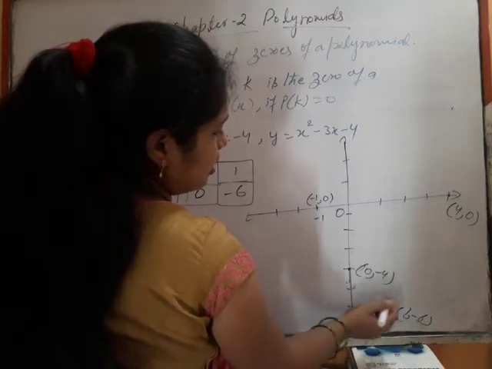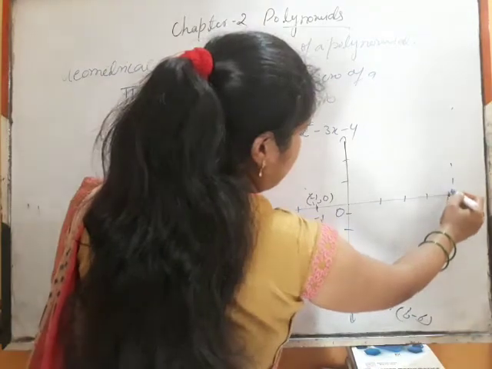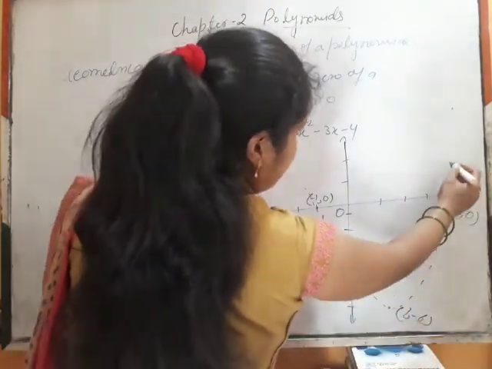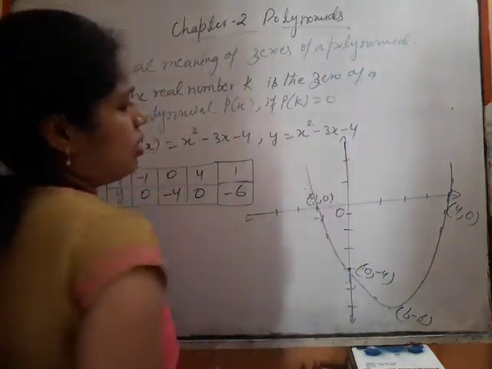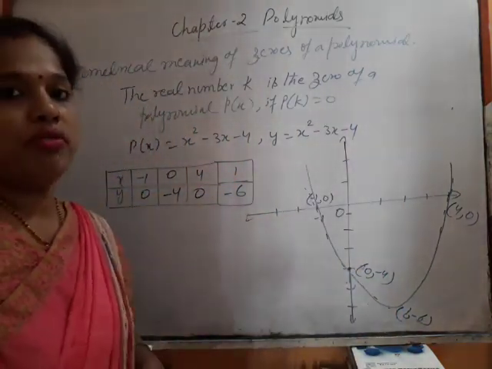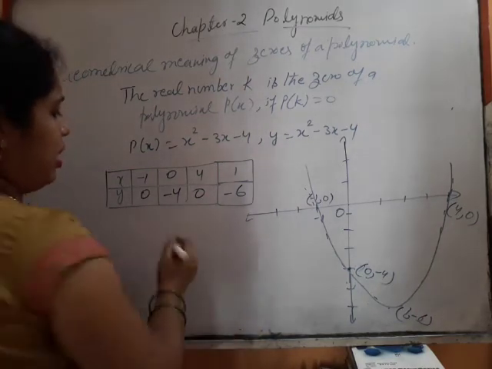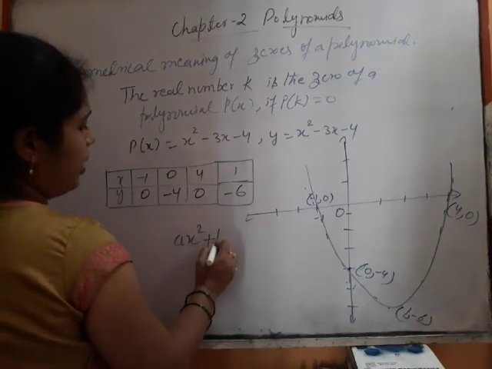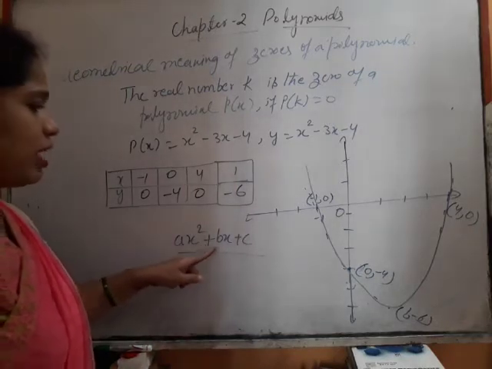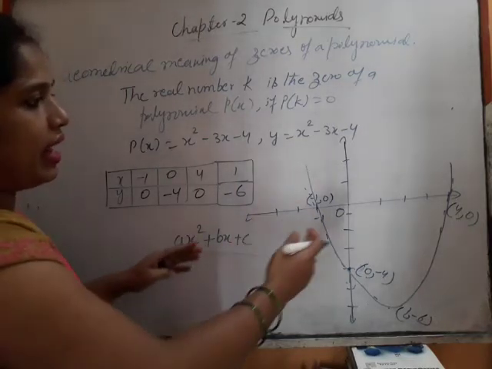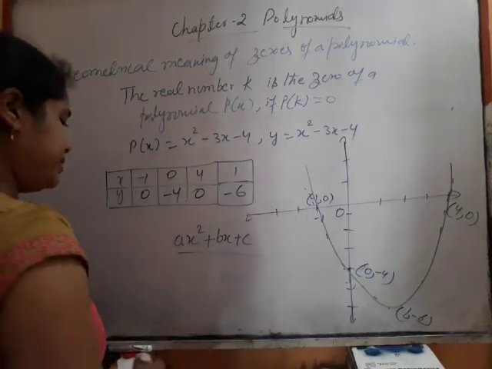If I start joining these points, we are getting a U shape here. So in any case, when the polynomial is of the form ax square plus bx plus c, we will get the graph as this only, always.